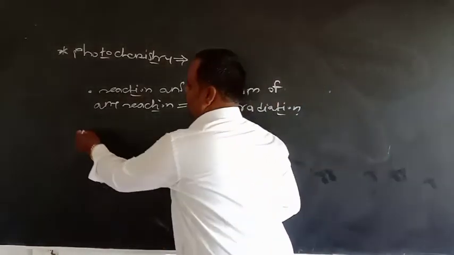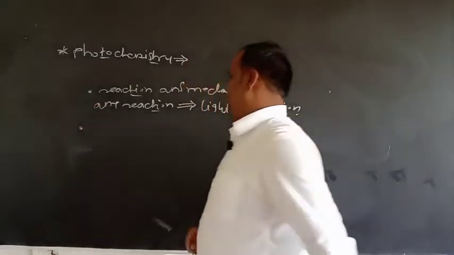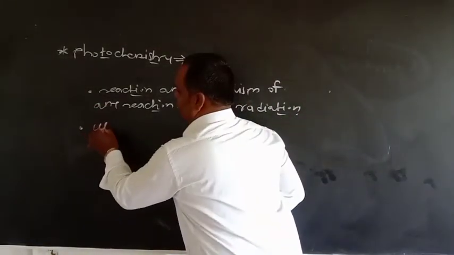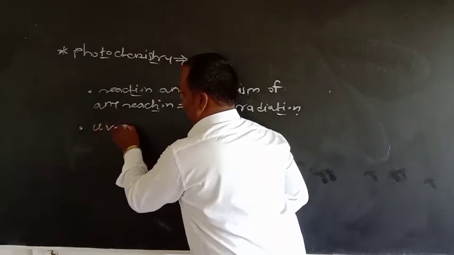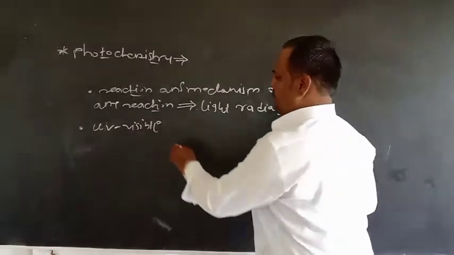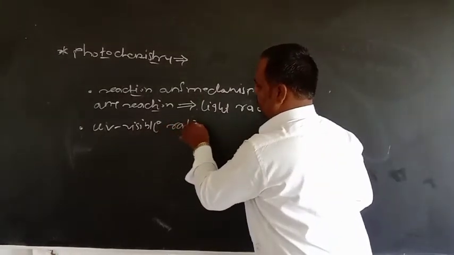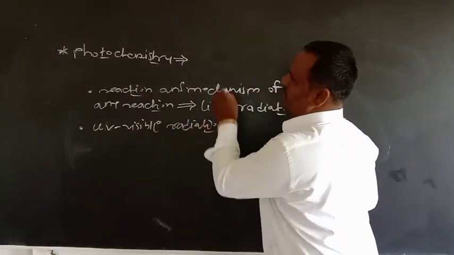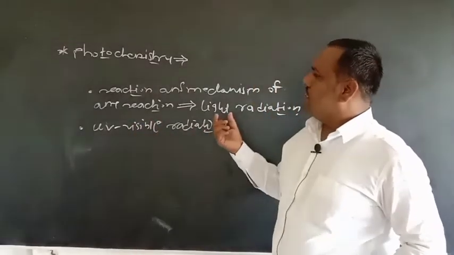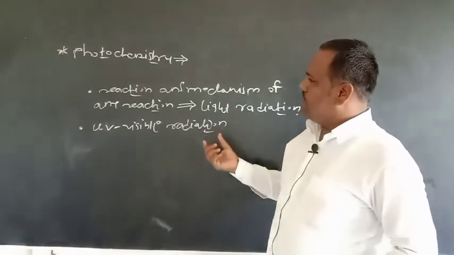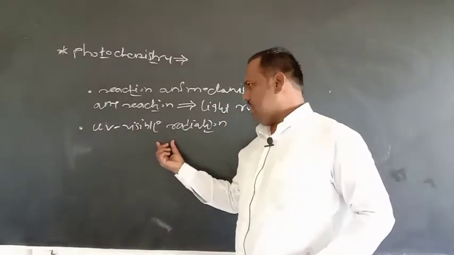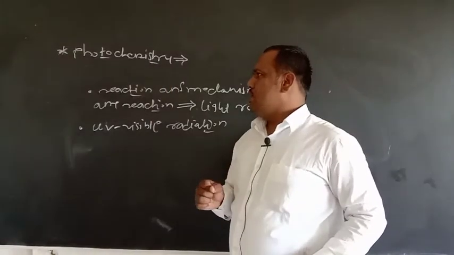Out of this broad spectrum, only UV, ultraviolet and visible radiation are used in this photochemistry. So, the reaction, the rate of the reaction and the mechanism of the reaction by the exposure of UV visible radiation we will discuss in this photochemistry.